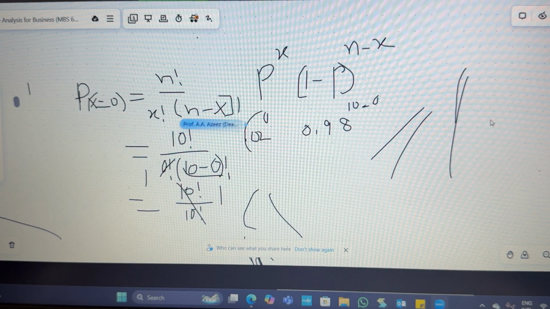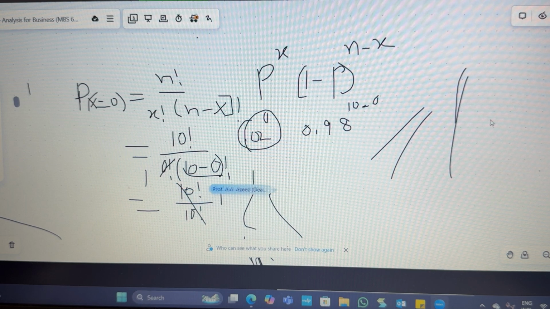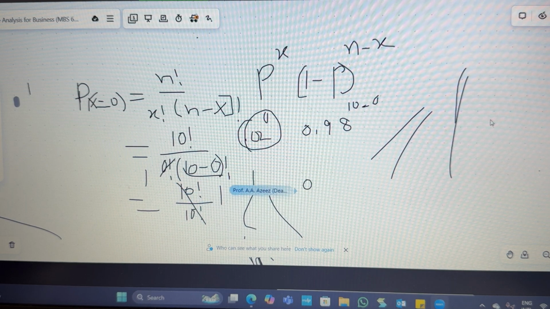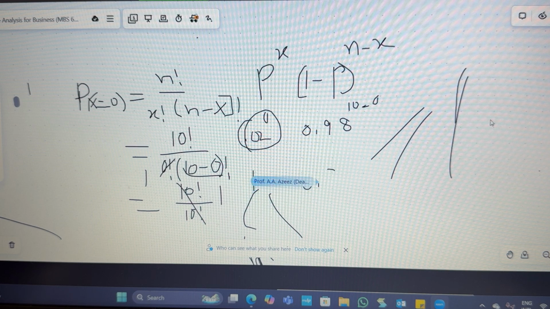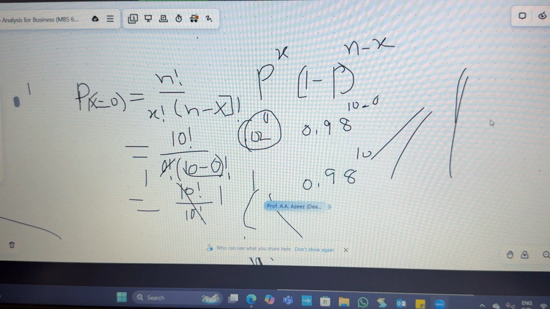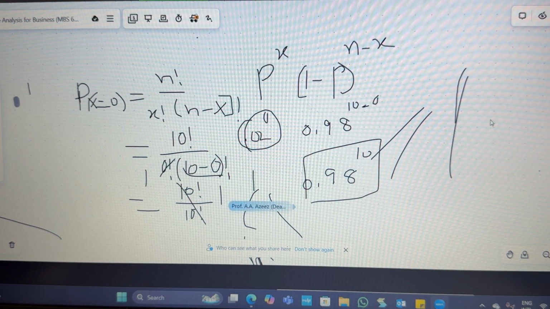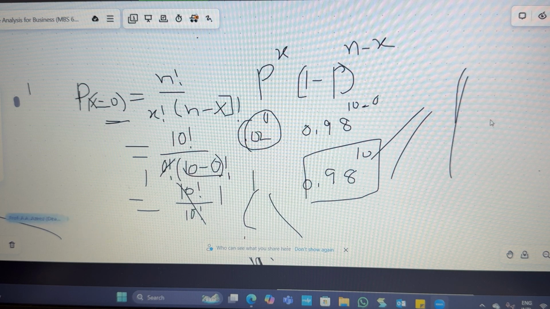Then 0.02 to the power 0 is also 1. Then when you find 0.98 to the power 10, you will get the answer for 0.